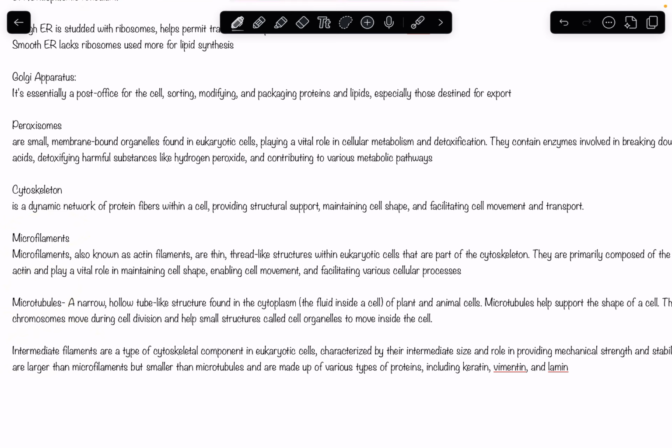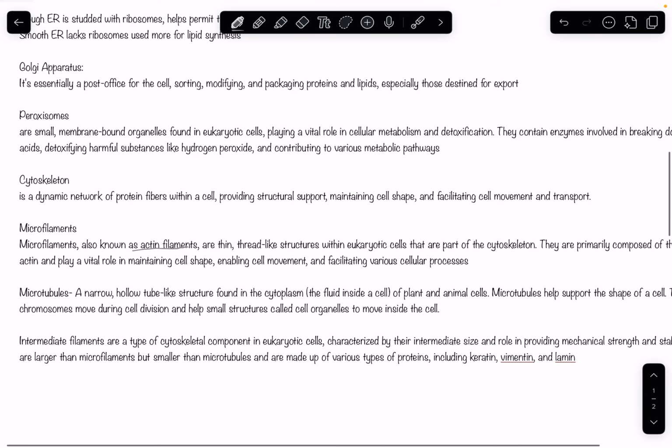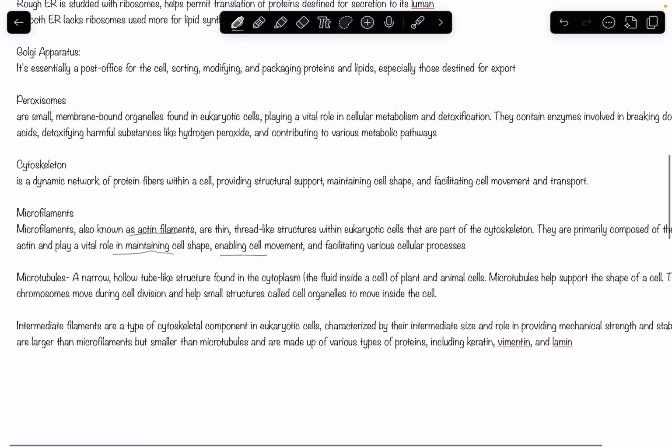You will hear microfilaments also referred to as actin filaments a lot. So they're thin structures that are in our cell and they're part of the cytoskeleton. They compose protein actin, which plays a vital role in maintaining cell shape, enabling movement, and helping with other cell processes. So these are a pretty big deal. You should know everything about all three of these, but especially microfilaments.